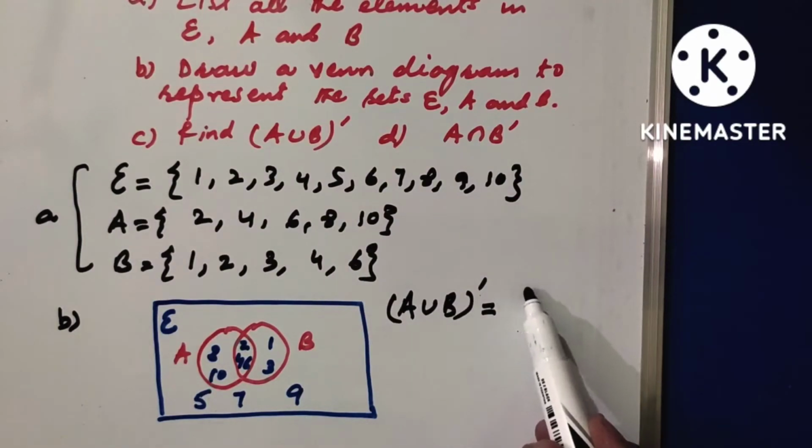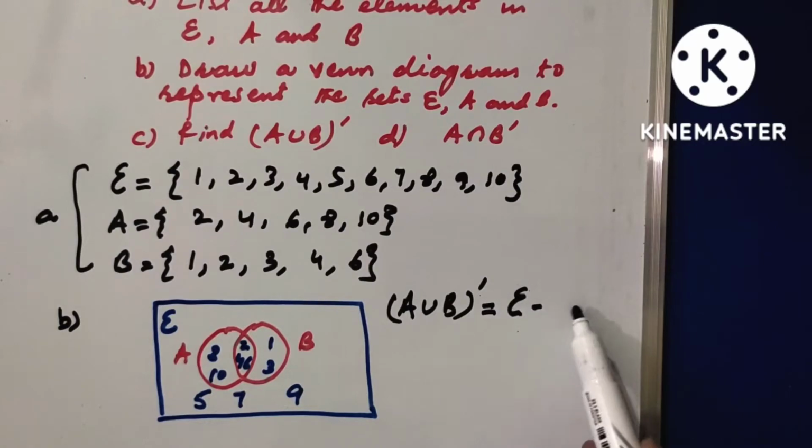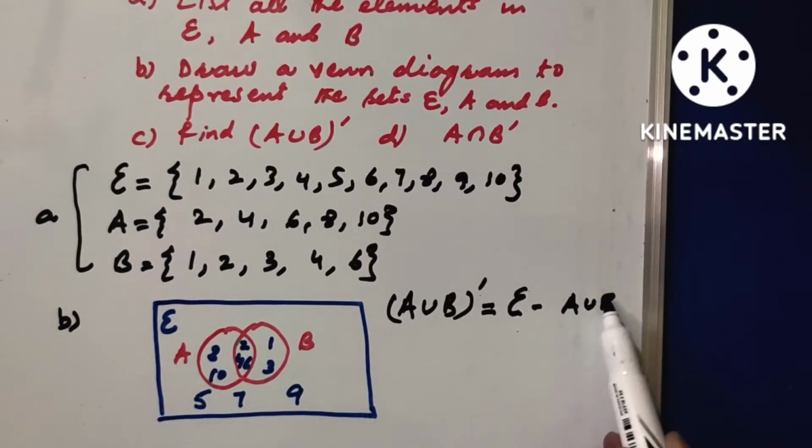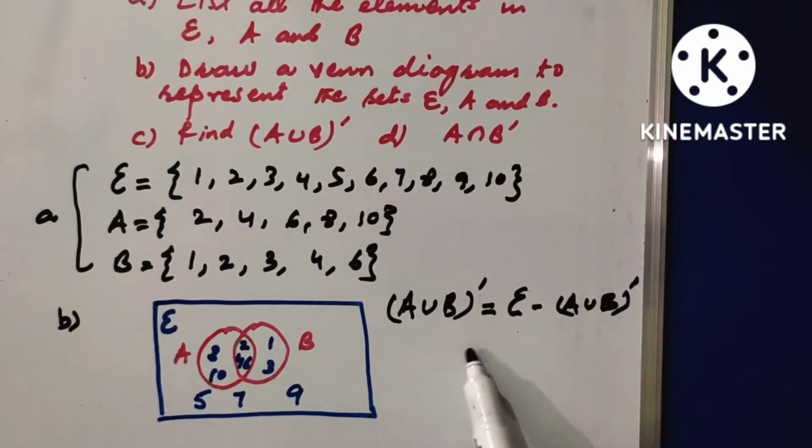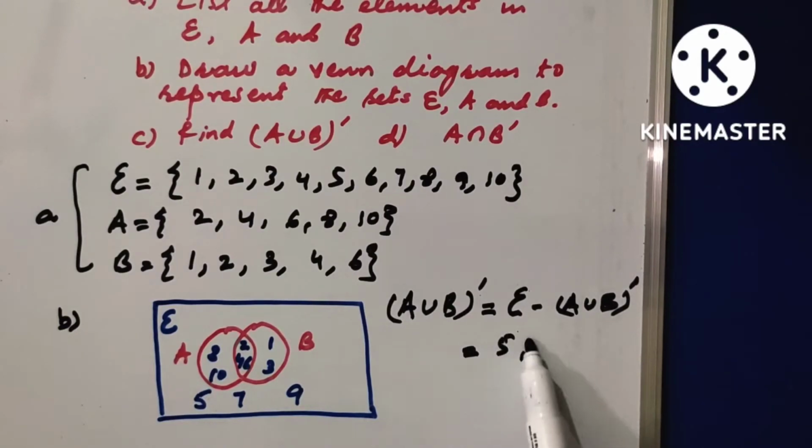So the answer will be E universal set, A union B whole complement. It will be 5, 7, 9.